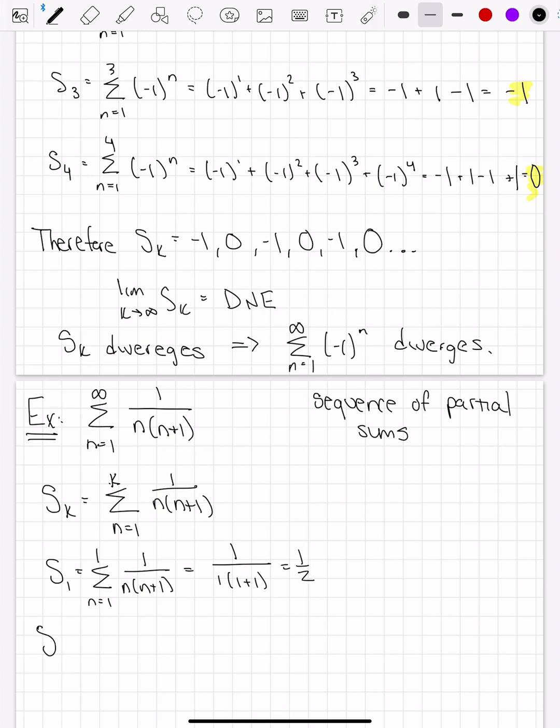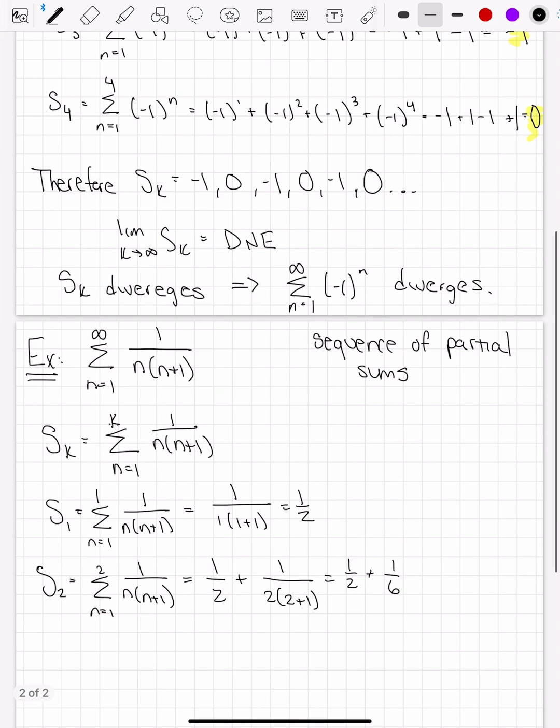And then S2 is going to be the sum from 1 to 2 of 1 over n times n plus 1. So the first term I know is a half, and then I'm going to add in, plugging in 2. So that's 2 times 3 is 1/6. And then a half is the same thing as 3/6. So this equals 4/6, or 2/3.